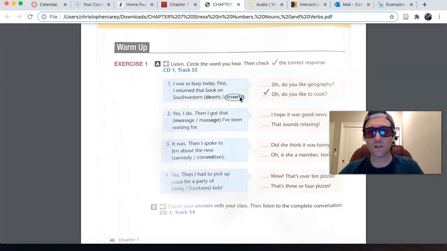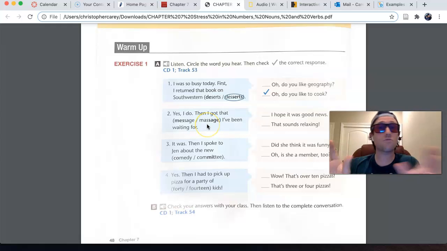Notice the word stress on the second syllable as compared to the word stress here on the first syllable. If we're talking about desserts, then we must be talking about food, and not deserts, geography, right? So go ahead and go through these. I'm going to give you the answers on the next page. See if you can identify based upon the syllable, look at the stress. Do you hear the first syllable as being stressed, or the second syllable?